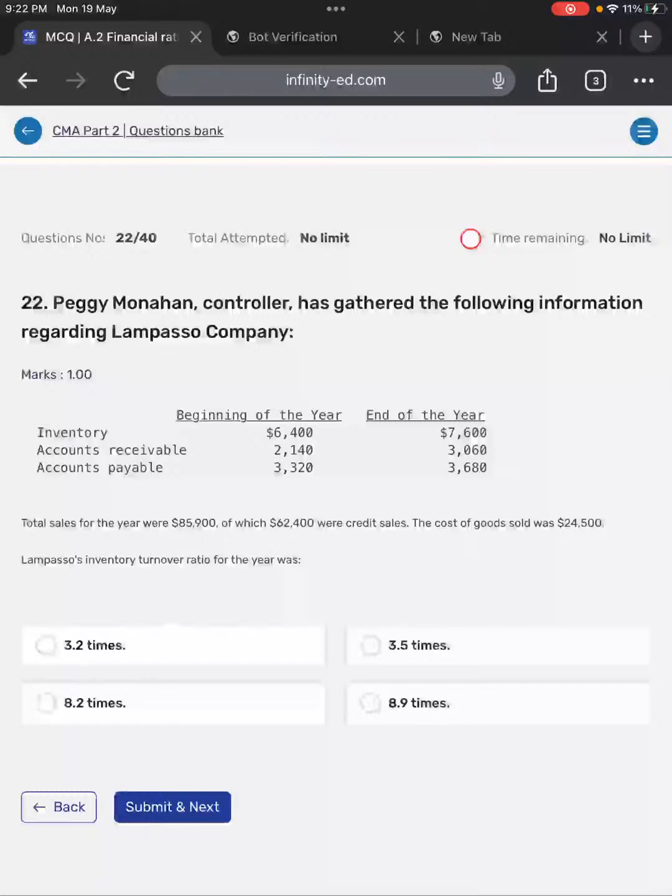Accounts receivable are given, 2140 and 3060. Accounts payable, everything given, simple. Total sales for the year were 85,900, of which 6200, 400 were credit sales. The cost of goods sold was 24,500.